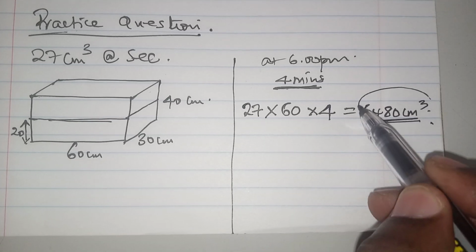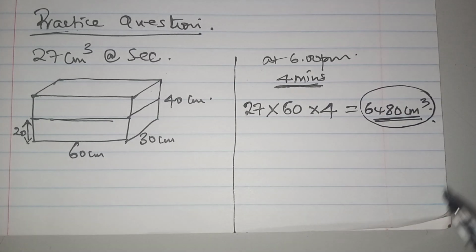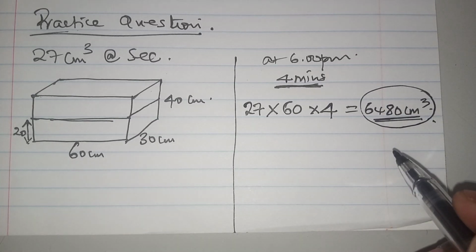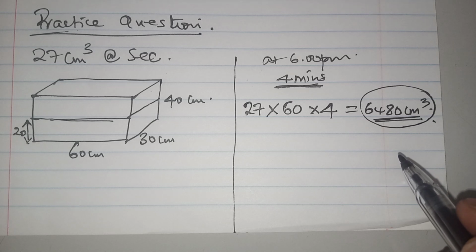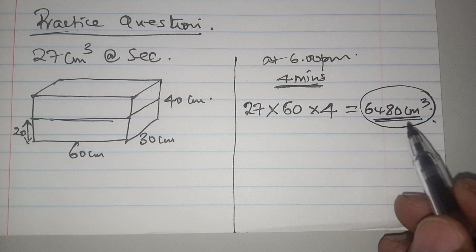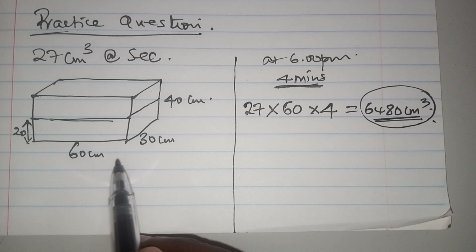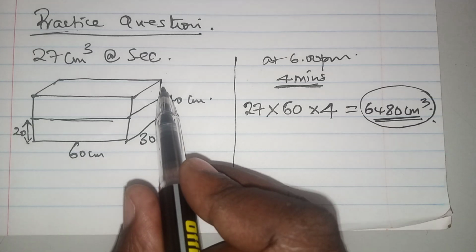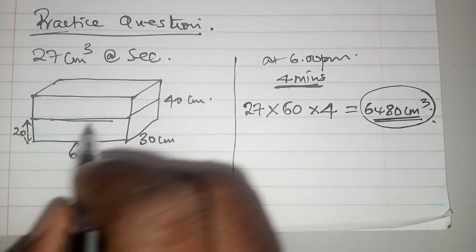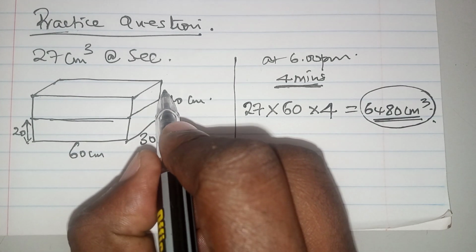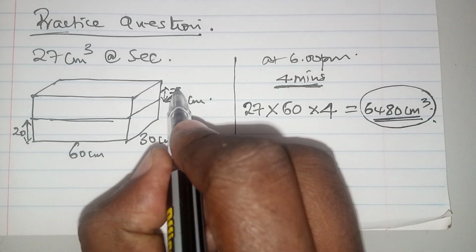In those 4 minutes, this amount of water had entered the container. This is the volume of the water. But we know the volume of a rectangular container is length times width times the height, which we don't know. We are actually finding height. What is the height of water? Call it x.